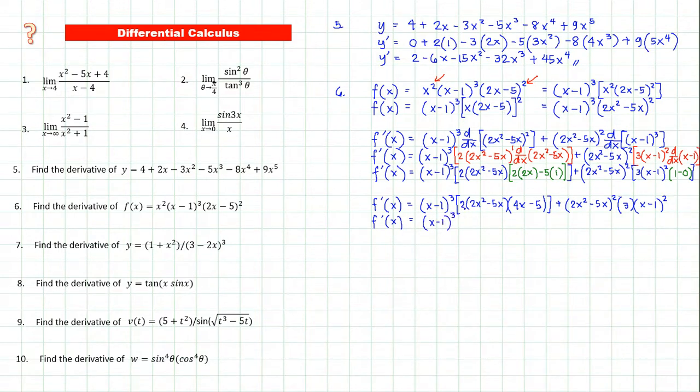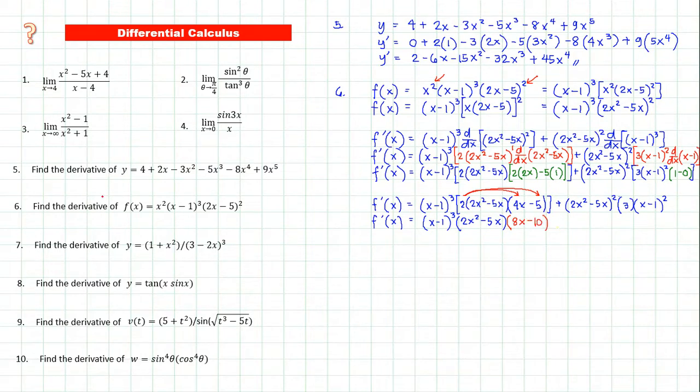so cube ito. Itong 2, i-multiply na natin dito. So ito ay 2x squared minus 5x. So ito namang 2, i-multiply na natin dito yan. Distribute na natin siya. So ano ngayon ang mangyayari dyan? Magiging 8x minus 10 na siya.